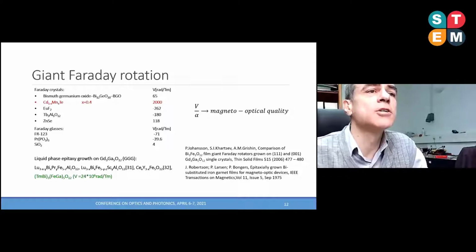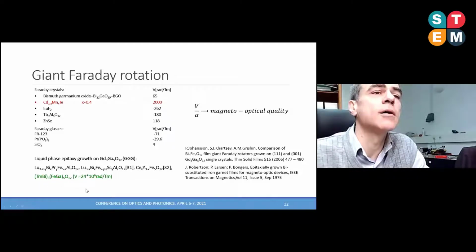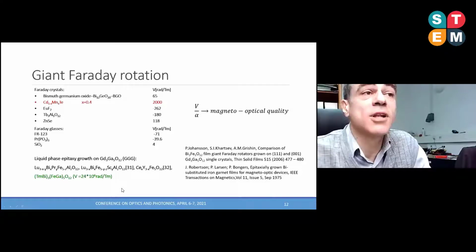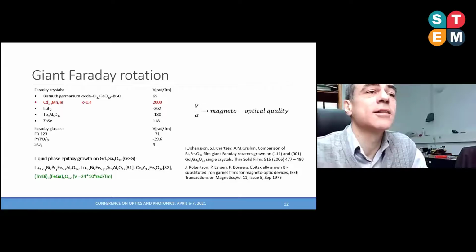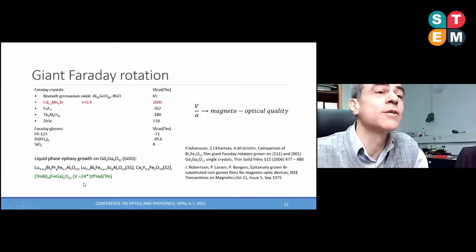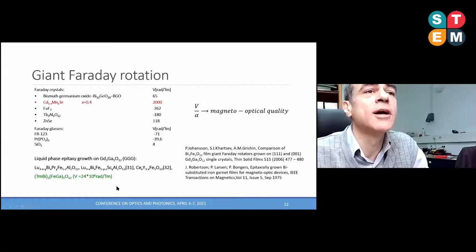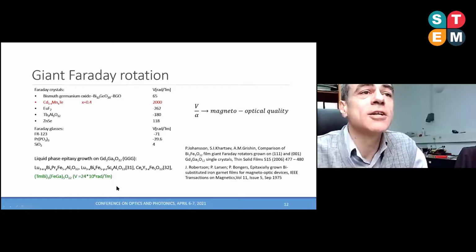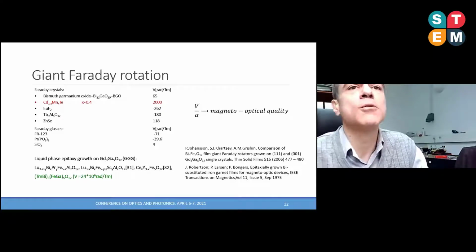And I'm just going to single out this green one. I was lucky enough to get this crystal, and it really has an amazing Verdet constant of, you see, 24 million. But on the other hand, it can only be grown in thin films. So the thickness of this crystal is 1 micrometer.